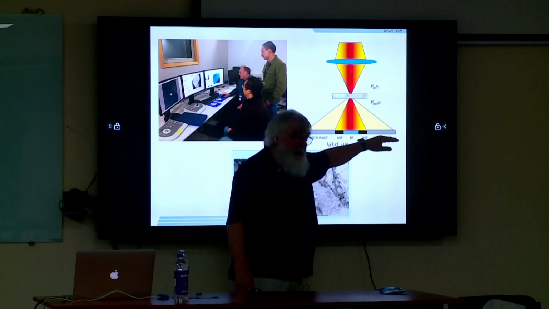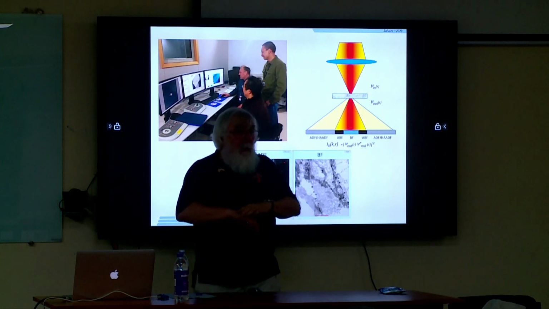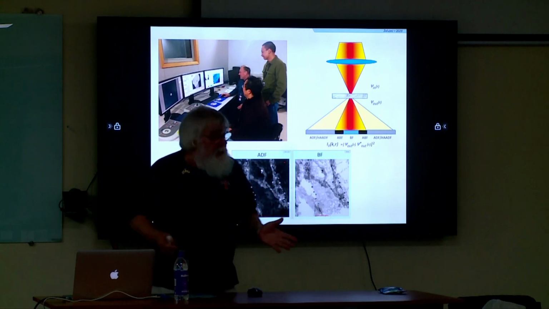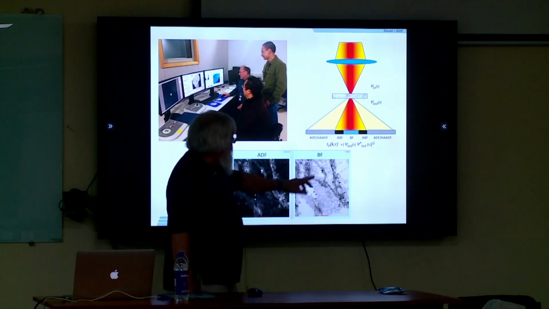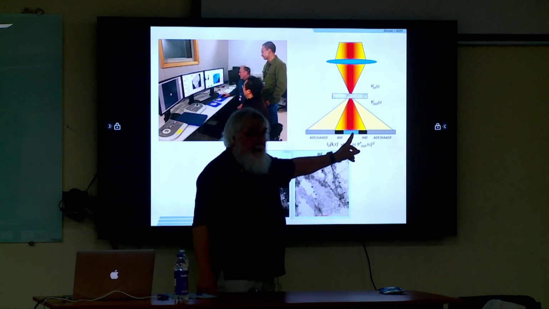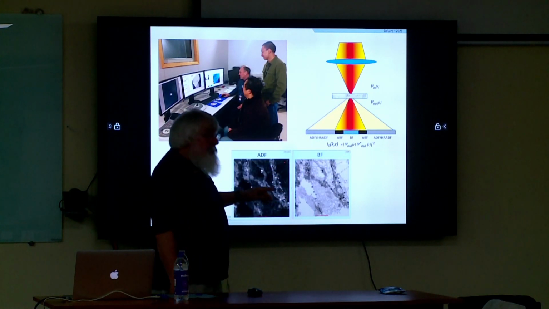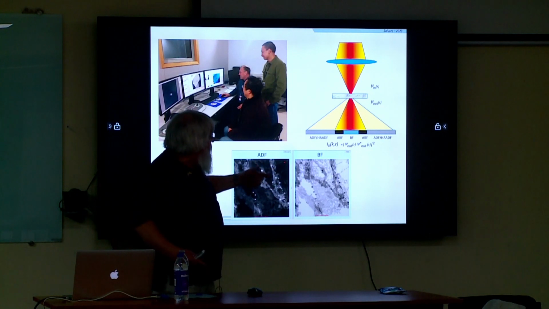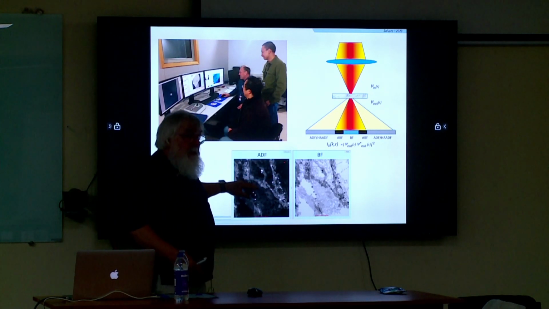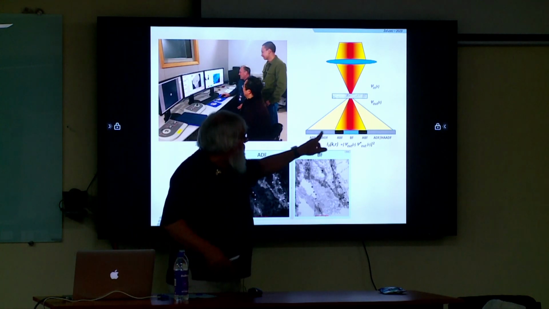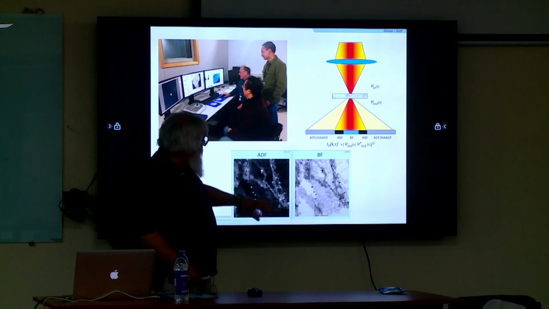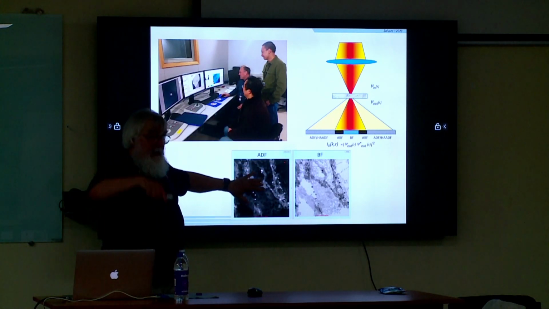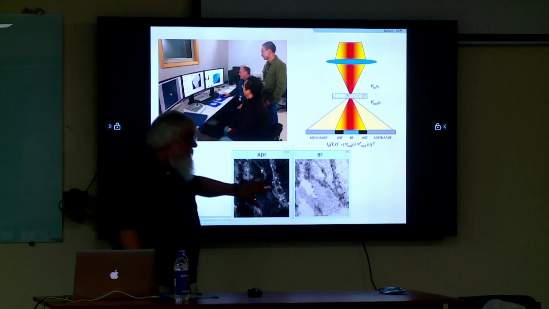By having an array of detectors underneath the sample, we can form multiple images simultaneously. So we can form a bright field image by looking at the beam that comes straight through and hits the center of the detector. We can also simultaneously get a dark field or an angular dark field image by looking at the signal that hits one of the outer detectors. So in the same session, we have both a bright field image and a dark field image.